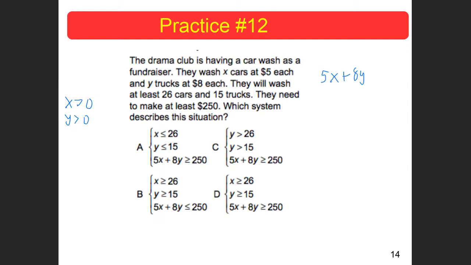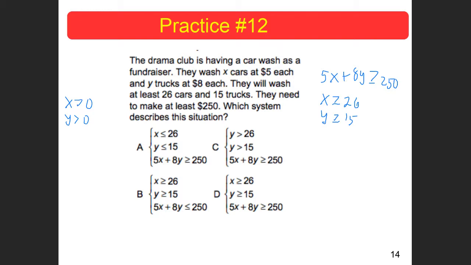They will wash at least 26 cars, so X is greater than or equal to 26, and 15 trucks, so Y is greater than or equal to 15. They have to wash at least that many. They need to make at least $250, so 5X plus 8Y has to be greater than or equal to $250. That is another constraint.